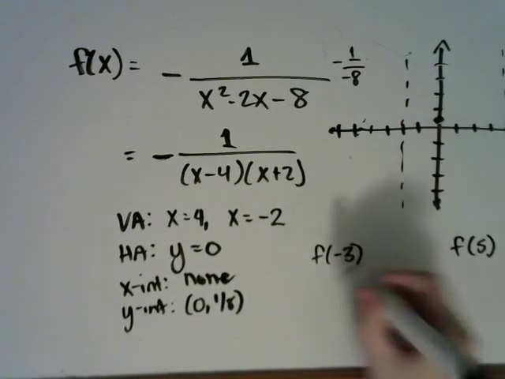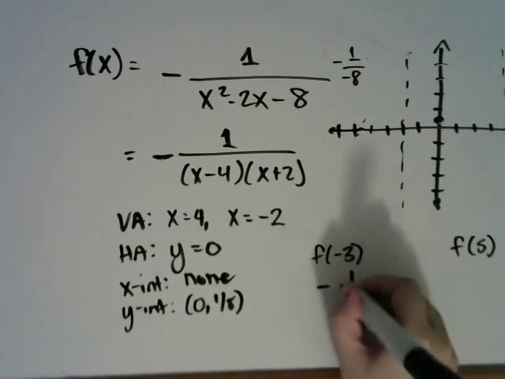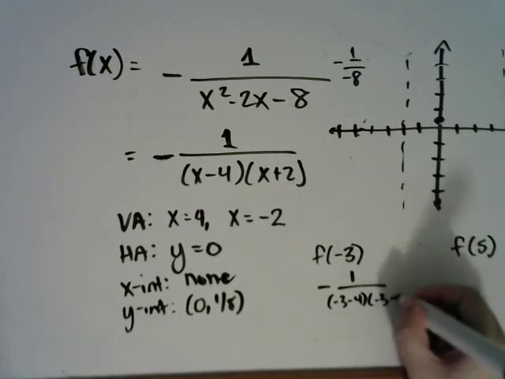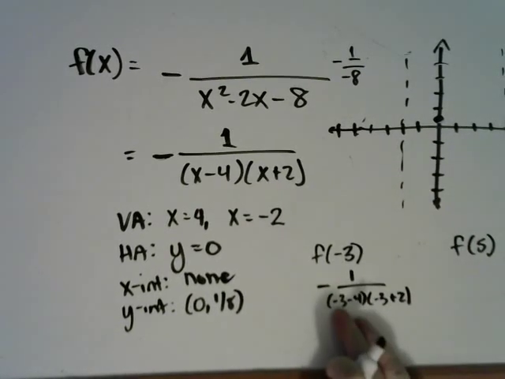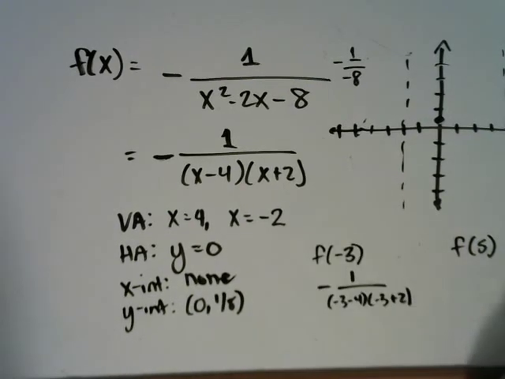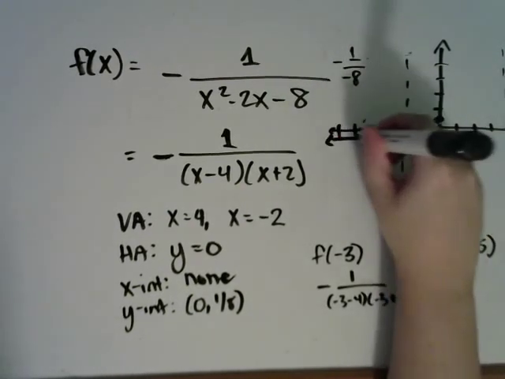Plugging in negative 3 gets me negative 1 over negative 3 minus 4, and negative 3 plus 2. That's a negative, that's a negative, that's a negative, and the overall result is negative.